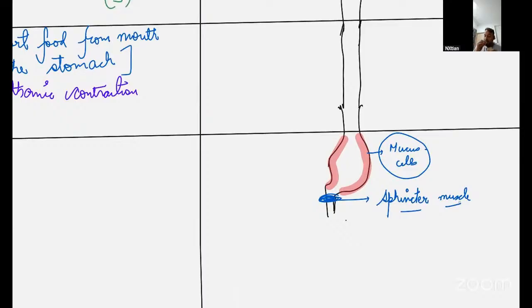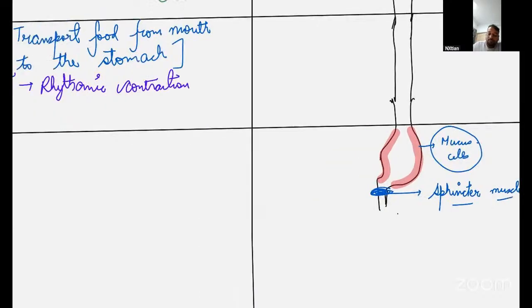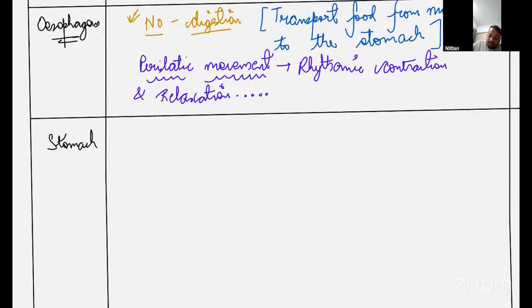Okay. Now, these mucus cells release three things. First is HCl, which is hydrochloric acid. The second is an enzyme. That's why I'm writing with the green pen.